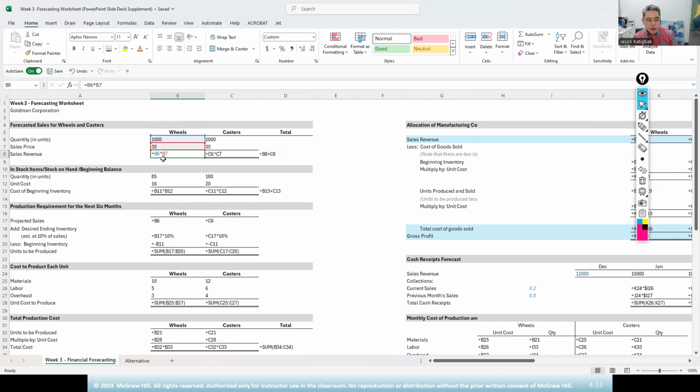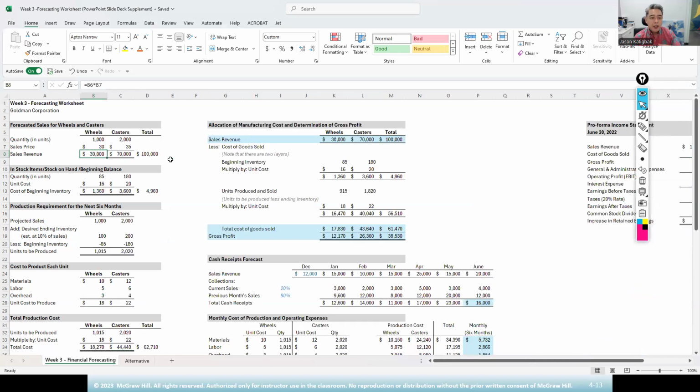But if cell B8 is hard coded as 30,000, it would not change, right? So I always check that. How do we go back? Press Control and tilde again, and it goes back to the original format.